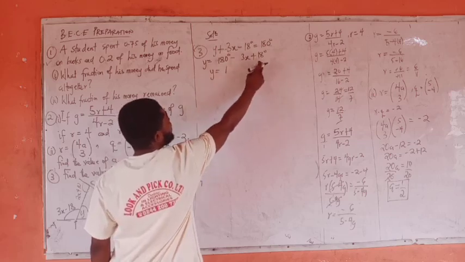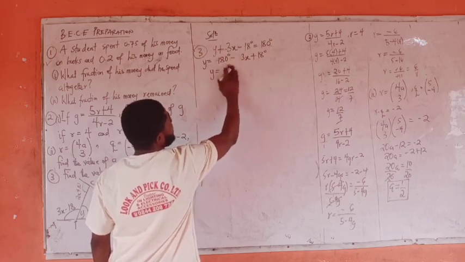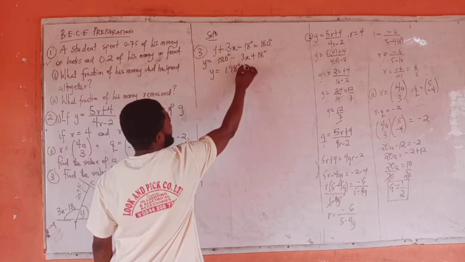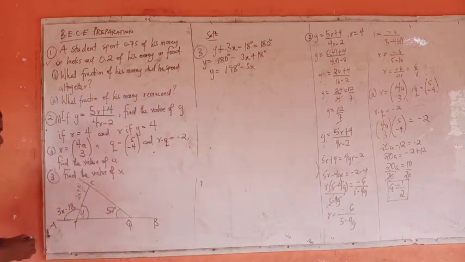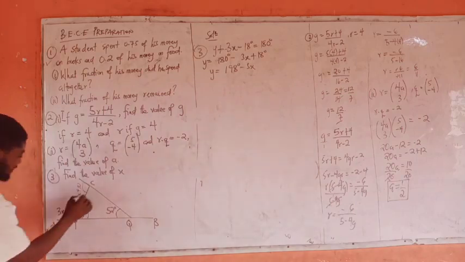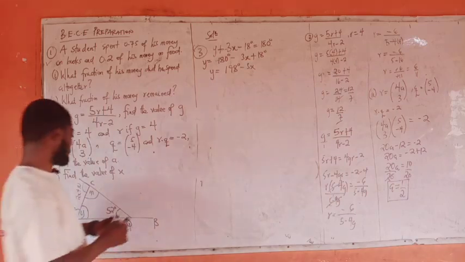So 198 minus 3x, that is the value of y over here. When we are done, we find the value of, let's say, m over here too. The same thing: m plus 2x plus 10 should give us 180 degrees.